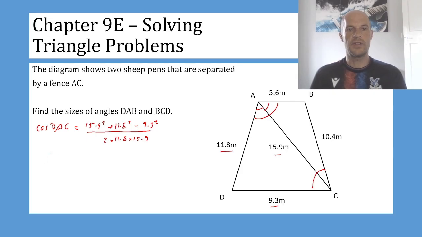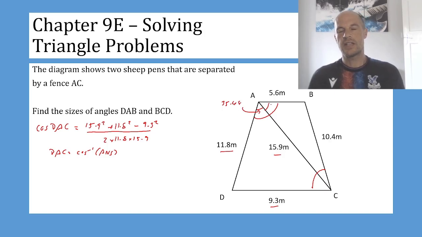So therefore the DAC is going to be the inverse cos of whatever answer our calculator gives us there, and that should give us 35.48.